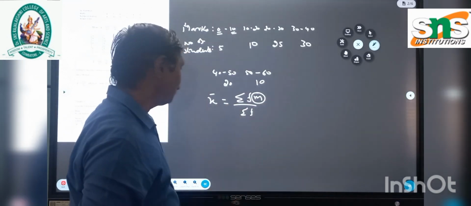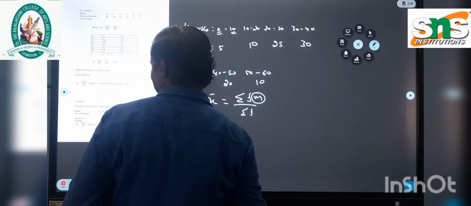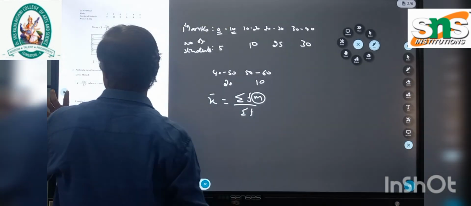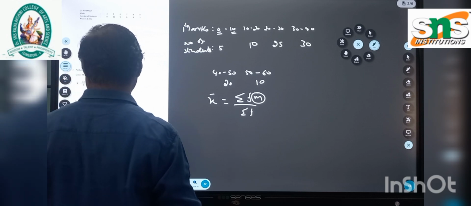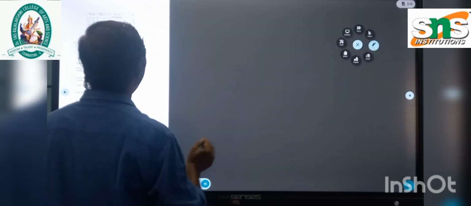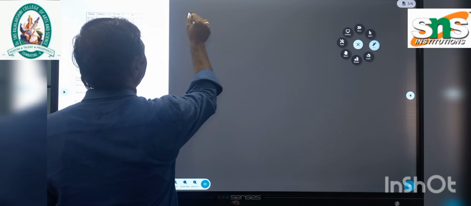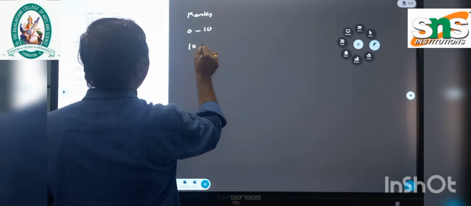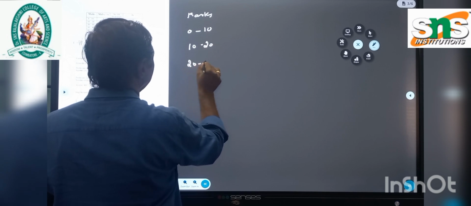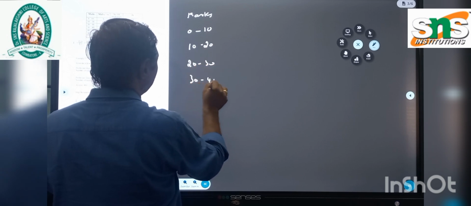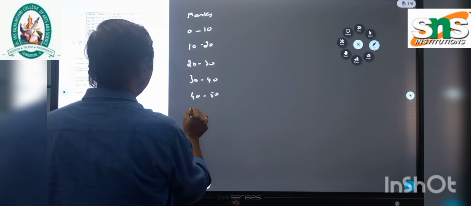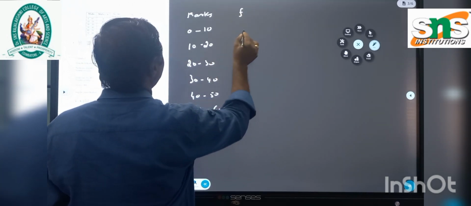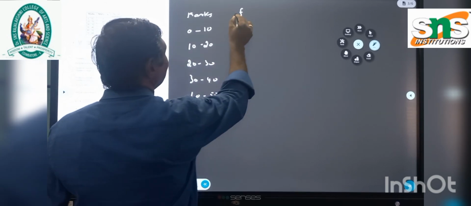Okay, next we take the problem for this, how to get the mean. The marks are 0 to 10, 10 to 20, 20 to 30, 30 to 40, 40 to 50, and then 50 to 60. The number of students is f, and we calculate the mid value, that is m.